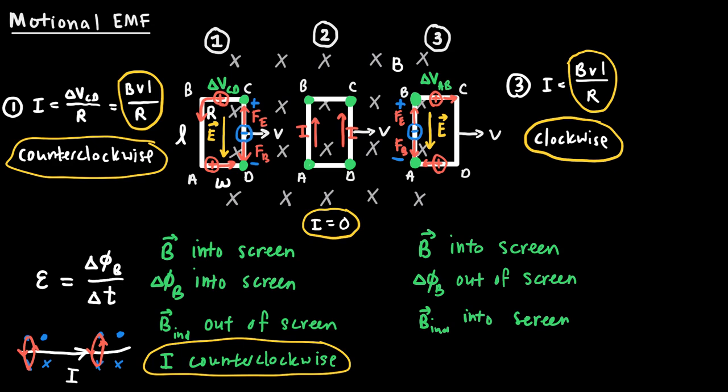And so between points A and B, if you orient your thumb from A pointing to B, then your fingers will be curling in while they're inside the loop. And as you curl your hand around point B and point C, your fingers will continually point inside of that loop, and your thumb will guide you around the loop in a clockwise direction for the current. So the current is clockwise.